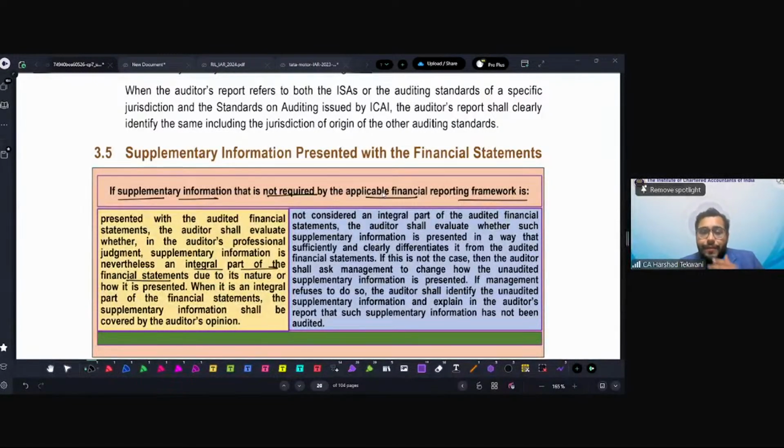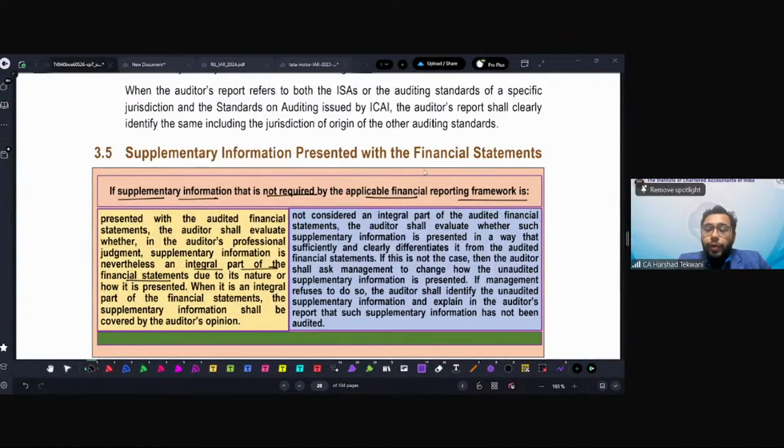That becomes your supplementary information. Now the question is whether this supplementary information is with the financial statement or is something altogether different, not an integral part of the audited financial statement, meaning something which is not audited or not considered as a financial statement. The example which I showed you, some other information in the annual report, presented in your financial statement.